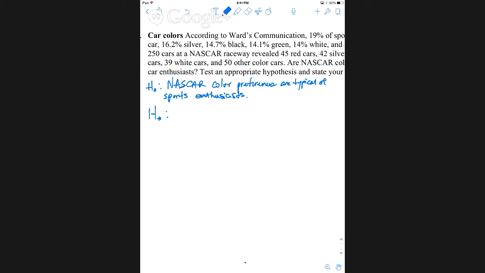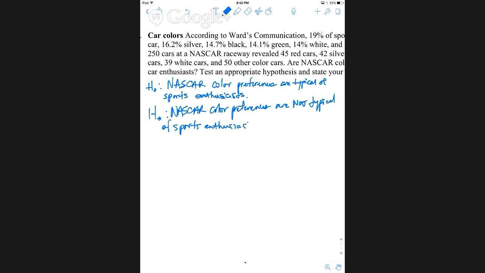What we're trying to see is if they don't match up. So really, regardless of what it's asking for here, our alternative hypothesis is that NASCAR color preferences are not typical of sports enthusiasts.